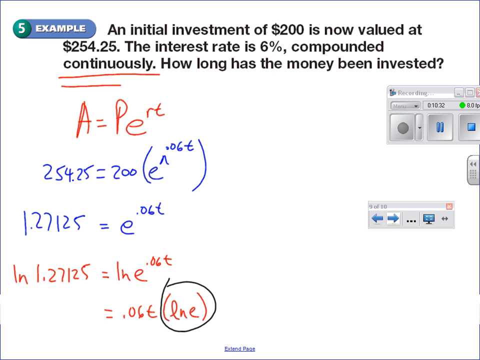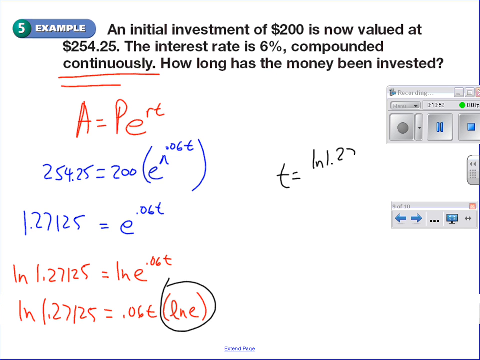And then this is just whatever this number turns out to be. So now, basically to finish this up, all I do is take time equals the natural log of 1.27125 over 0.06. That turns out to be real close to 4 years.